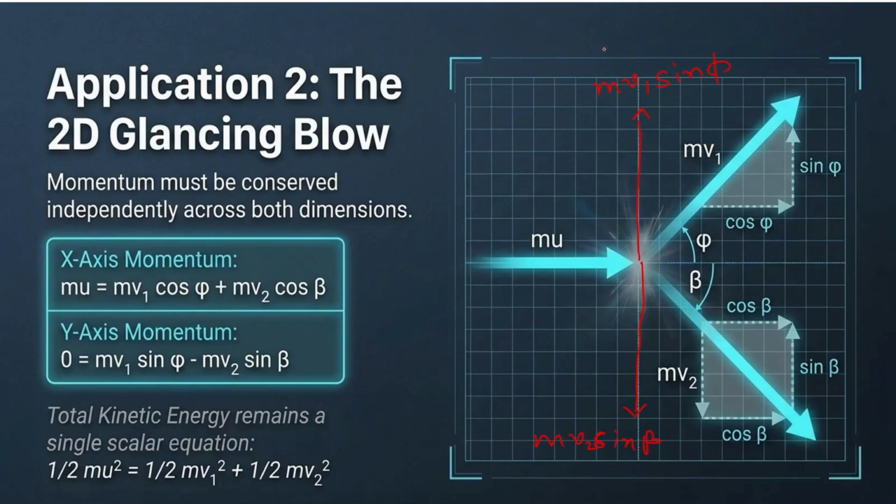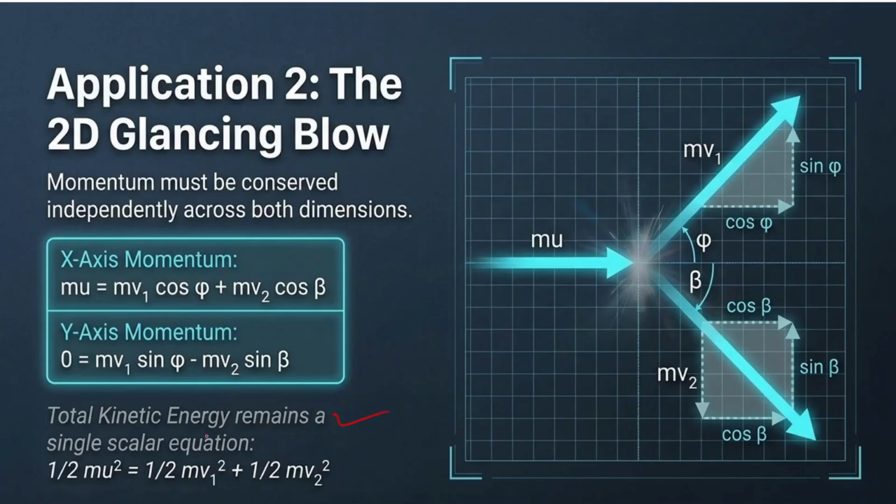Here they are opposite. I hope you get this point, why we have a minus here and a plus there: in the x-axis they are in the same direction, but the y components are in opposite directions.